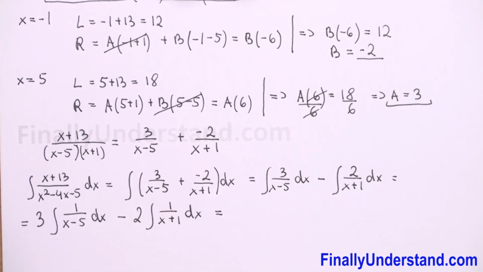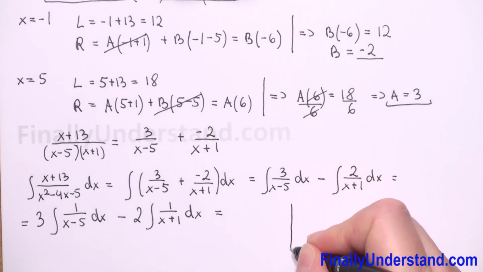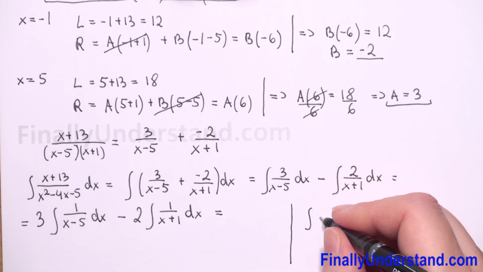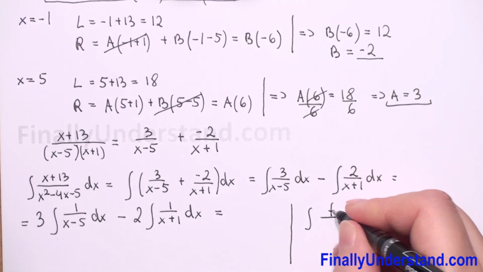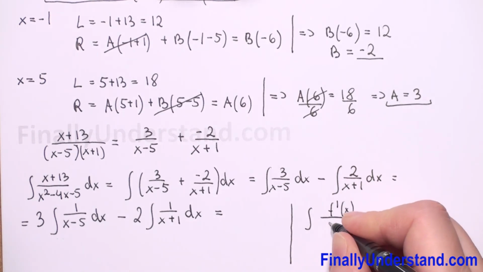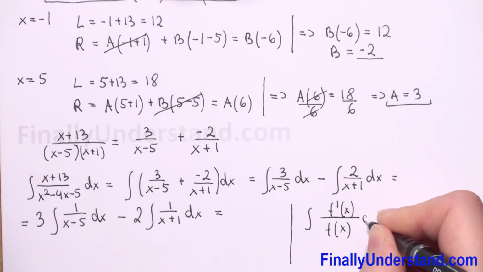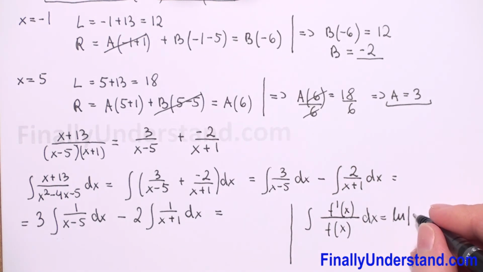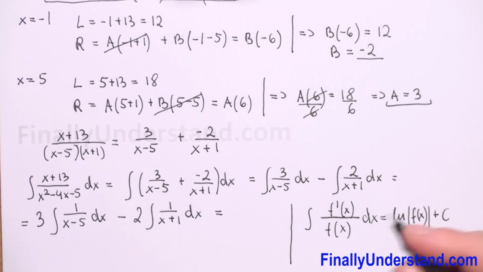So we can use the formula that the integral with the derivative of the denominator in the numerator is equal to the natural logarithm of the absolute value of f of x plus a constant.